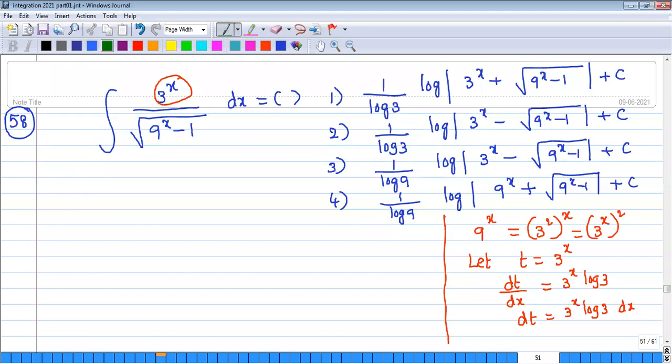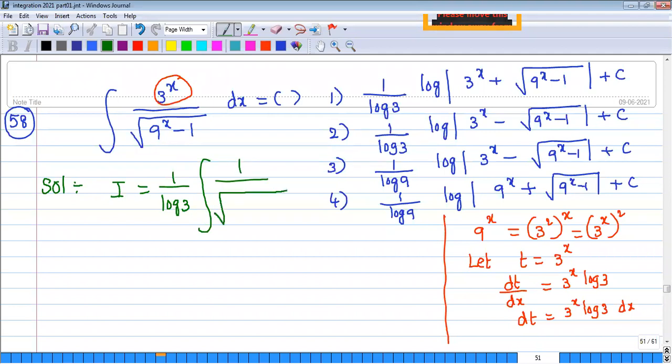So now here solution. This I equals we can write, but we need 3 power x multiplied by log 3. So multiply and divide by log 3. This we can write 1 upon log 3 integral of 1 upon under root of this 9 power x, we can write 3 power x whole square minus 1, into 3 power x log 3 dx.